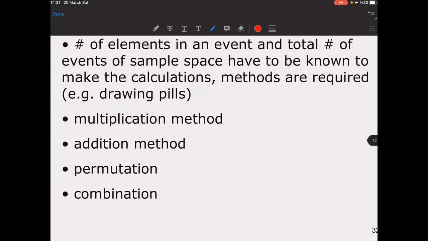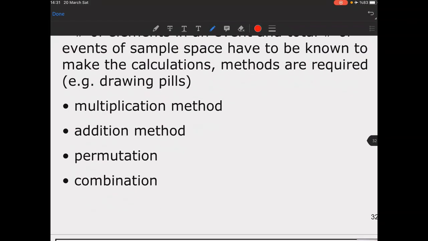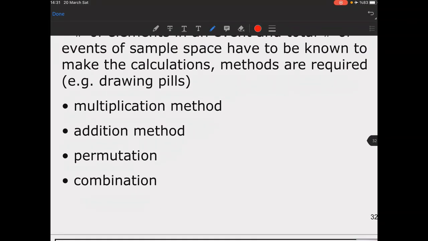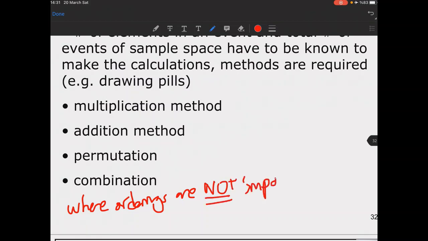Now the combinations are, we already mentioned this here, where orderings are not important this time, in these sets of elements.